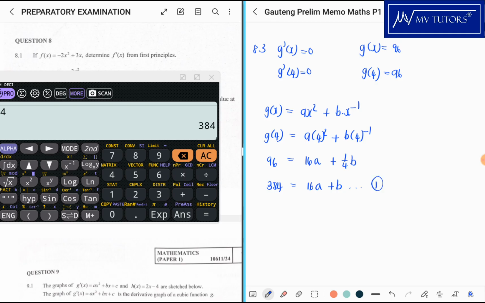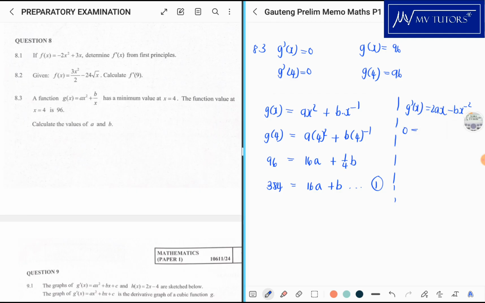Now let us see what the first derivative is. I'm going to have 2ax using the power rule, minus b x to the power negative 2. So I set it equal to 0 because it is a minimum value, so yes, it has to be equal to 0.